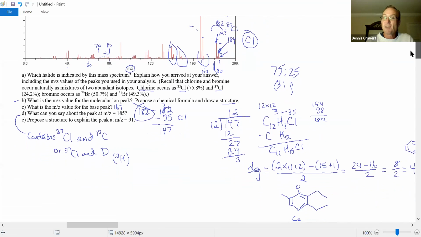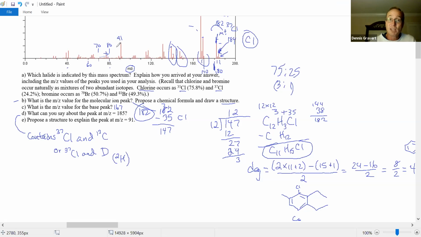Just divide by 12 again. Oh, wait, the parent has 11 carbons, 15 hydrogens, and 1 chlorine. So maybe the peak at 91 has chlorine in it. No, it doesn't. If it did contain chlorine, then this would be in a 3-to-1 ratio with another peak 2 mass units away. So if you go larger, 91 to 93, nope, I don't get a peak that's 1/3 the size.